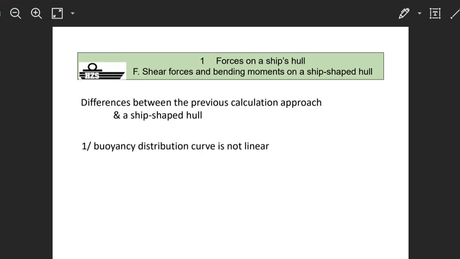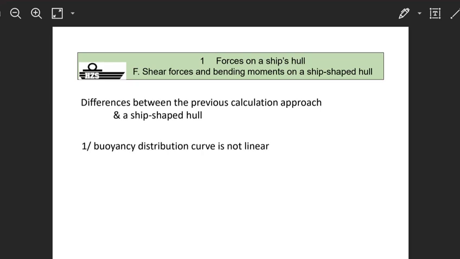Let me see where we ended up with the presentation. So what you see in the presentation that I skipped, you need to know that the exercises we did last week are simple approaches.